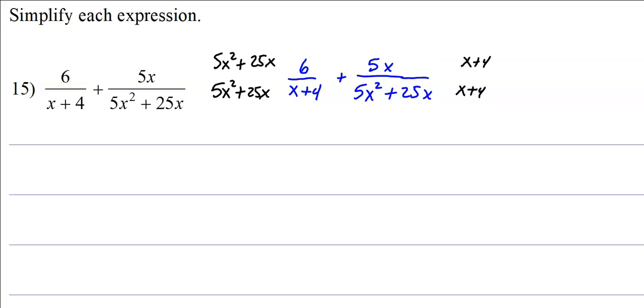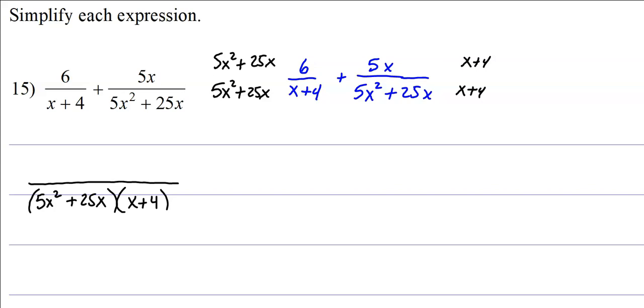Come over here where I've got a little bit of room. On the bottom, I have 5x squared plus 25x, which I realize could be factored, but I'm going to leave it alone for a second and see what we get on the top.